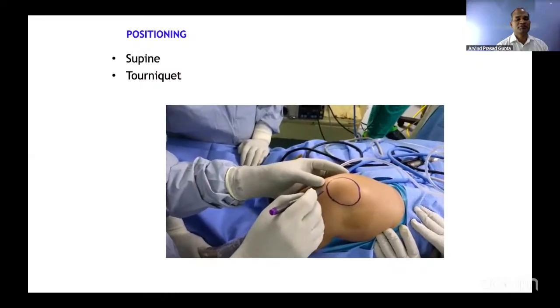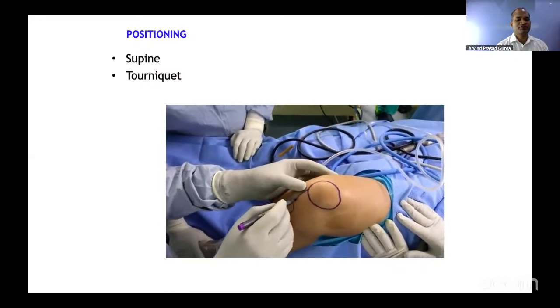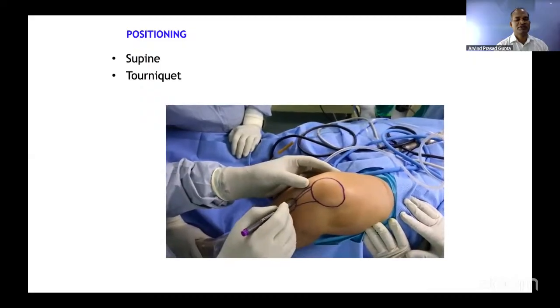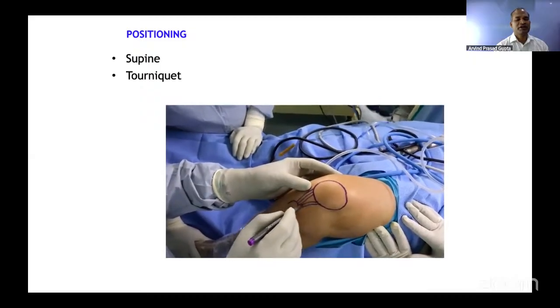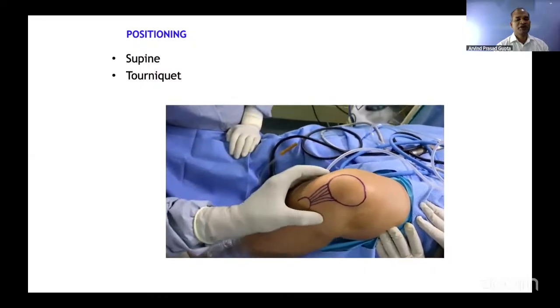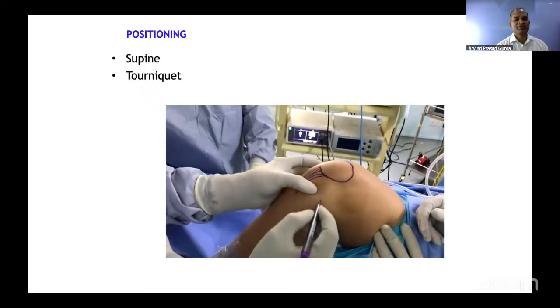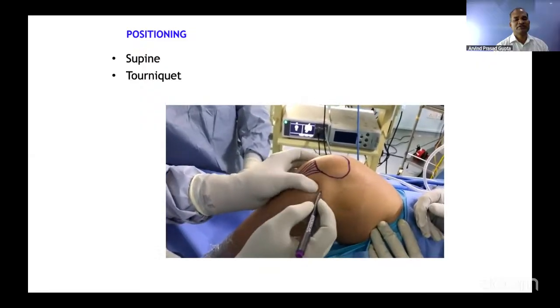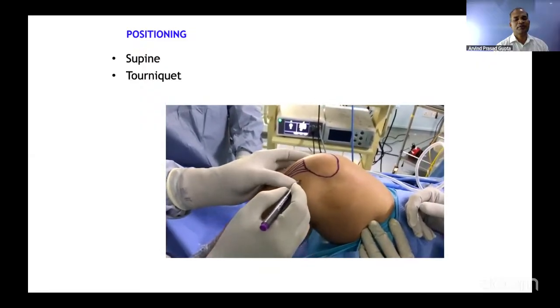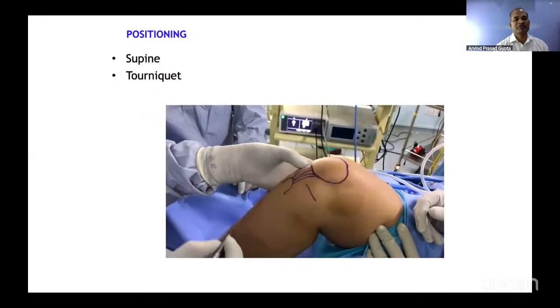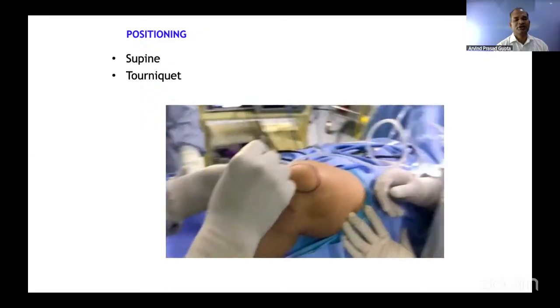So first mark the patella, followed by the tibial tuberosity, then you mark the patellar tendon here. So you can see the patellar tendon get marked, and then after that you start marking your portals. First the anterolateral portal, that is 1 centimeter below the joint line. So you can see here, this is the soft point here, that is the joint line on the lateral side, similarly the joint line on the medial side.